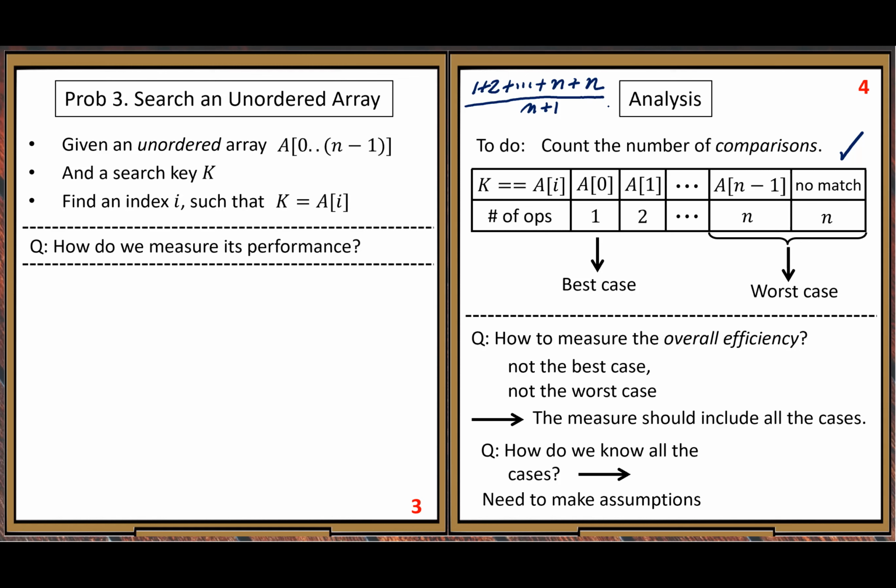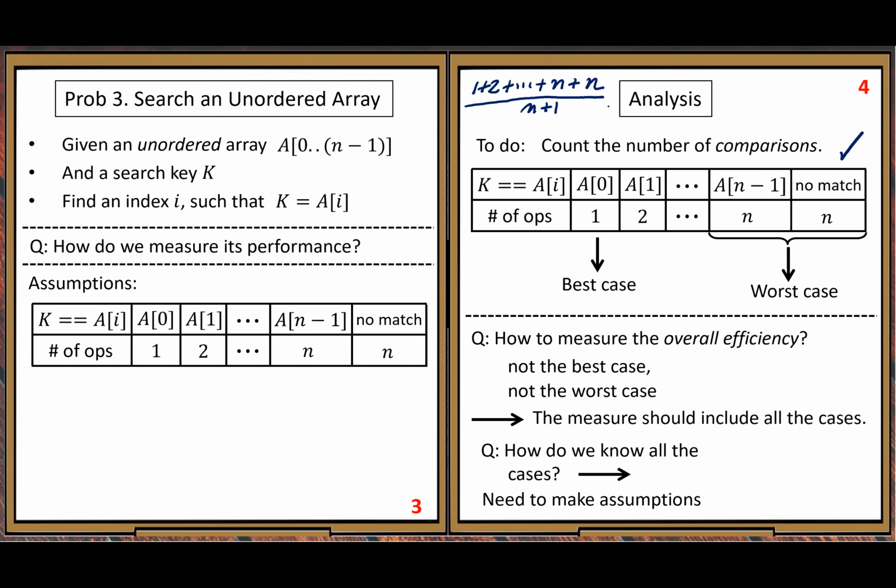So we need to make some reasonable assumptions here, mainly regarding the probability for individual cases. So let's do that. Our first assumption: assume that the first n cases have the same probability.